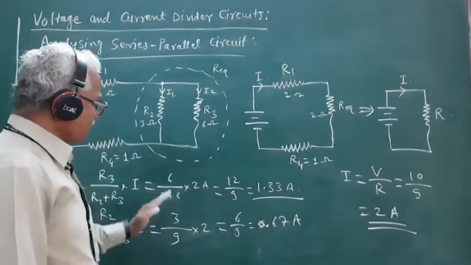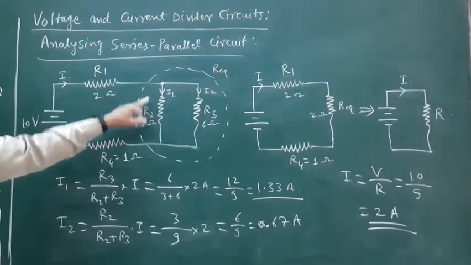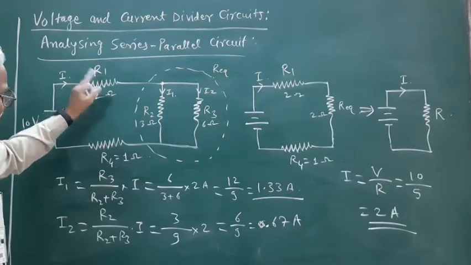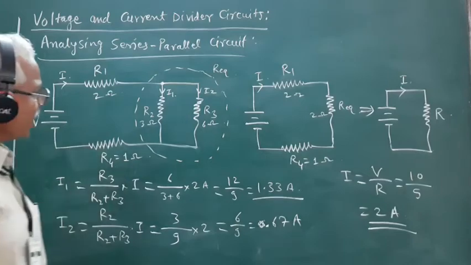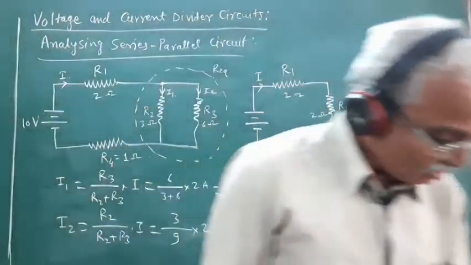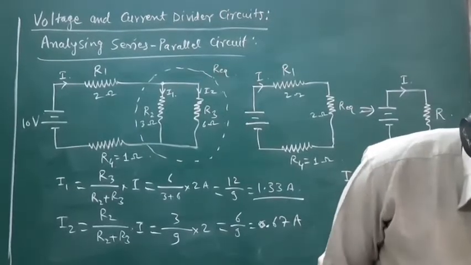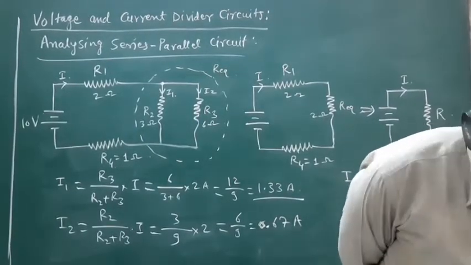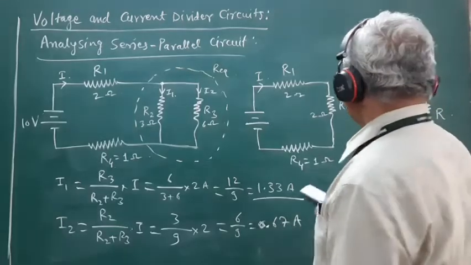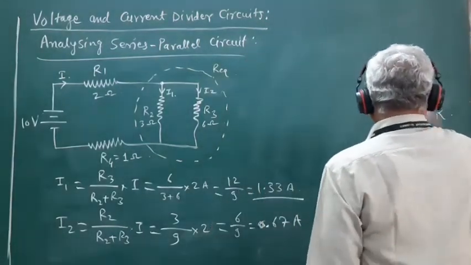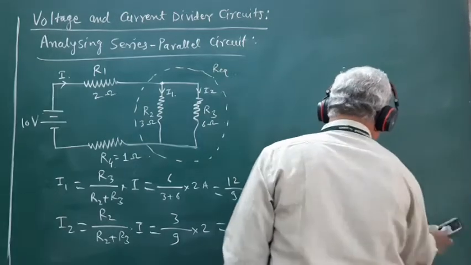And knowing these currents flowing through the resistors R1, R2, R3 and the total current flowing through the resistors R1 and R4, we can find out the voltage drops across the resistors R1, R2, R3 and R4. So let us find out the voltage drops.